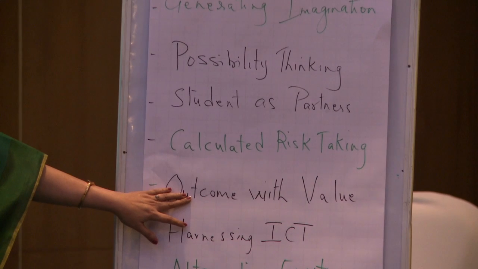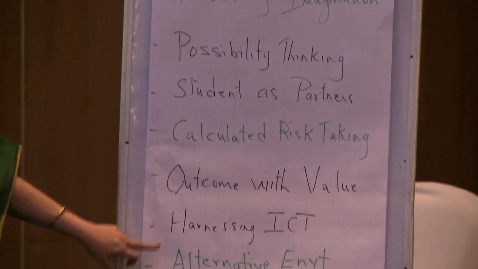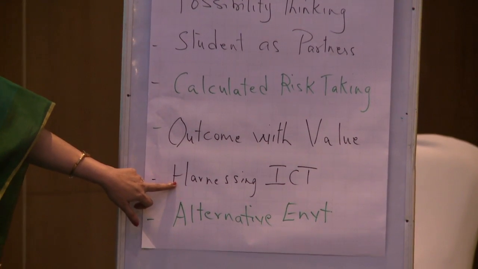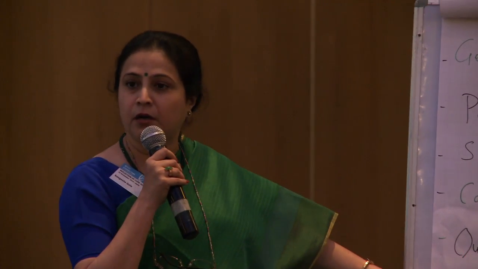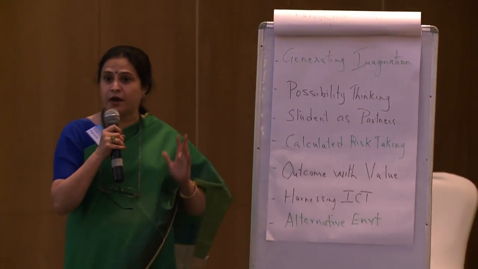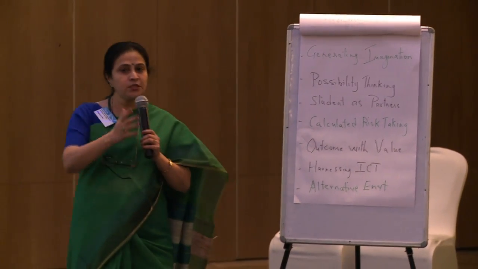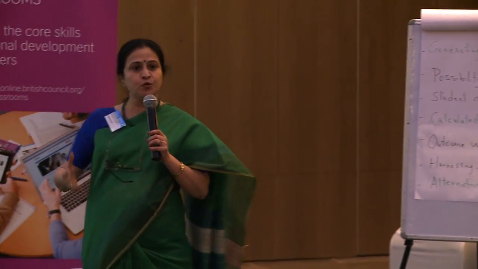Outcome with value, which we've already said. And how are you going to harness ICT imaginatively for this particular idea to be implemented? And what are the alternate environments that you're going to look at? What are the spaces in your school and around school that you would be able to use to make this idea, integrating this entire idea into your subjects?